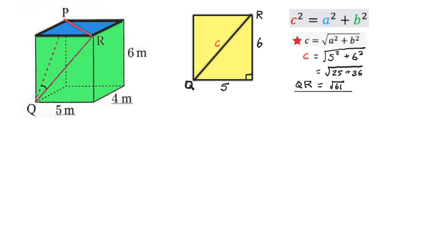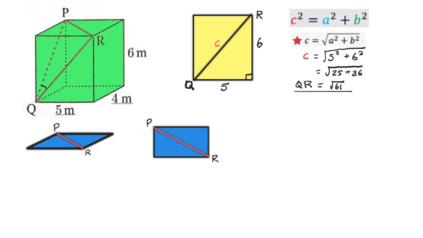Now let's have a look at the face which has a diagonal PR in it, in blue. This face, even though from this perspective it looks like a rhombus, is not one. We can draw it as a rectangle with sides 4 and 5. This is also a right-angled triangle, so, just like above, we use the Pythagoras theorem.